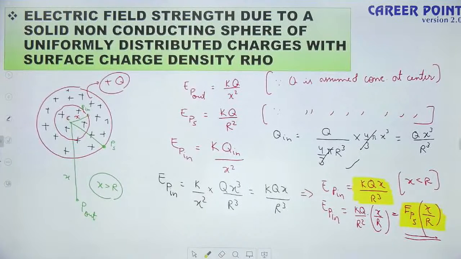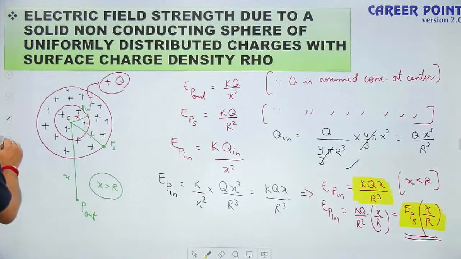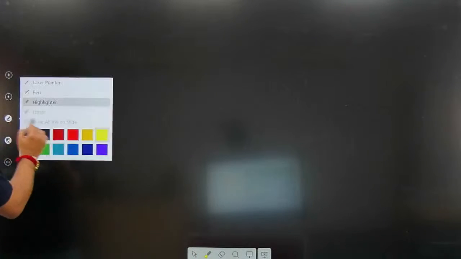So here, how will the graph be? If we have to make a graph between the electric field and the distance of the point from the center of the solid sphere, how can we draw it?